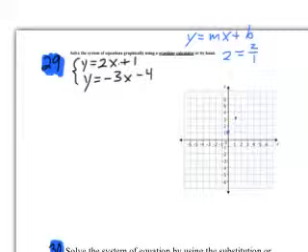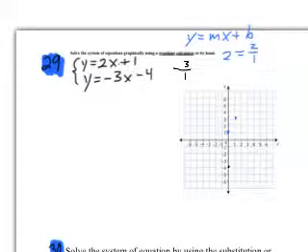I'm not going to draw them in yet because I'm afraid to. Alright, the other one is y equals negative 3x minus 4. So let's go find minus 4. It's right here. And then the slope is negative 3x, so negative 3 over 1.